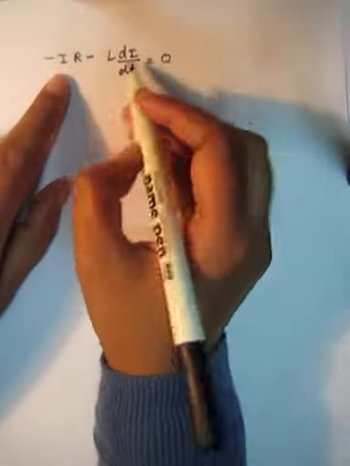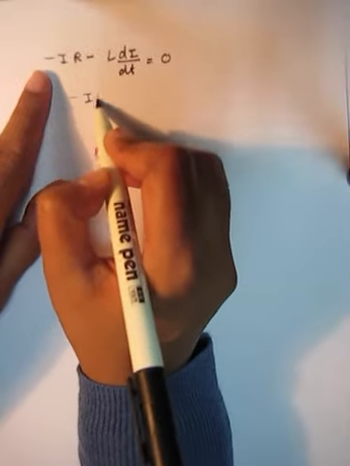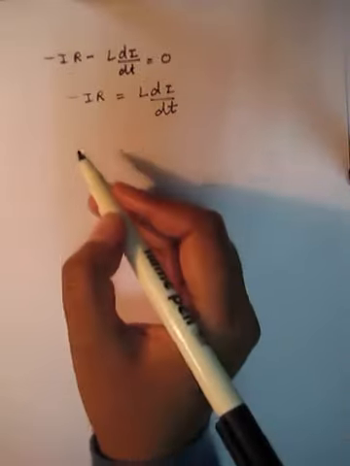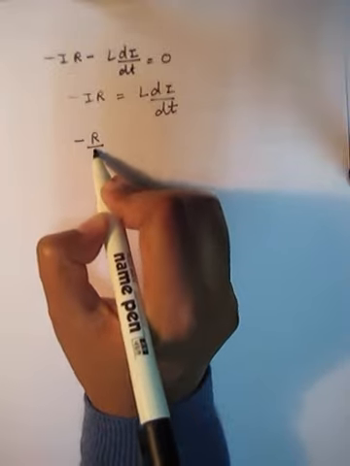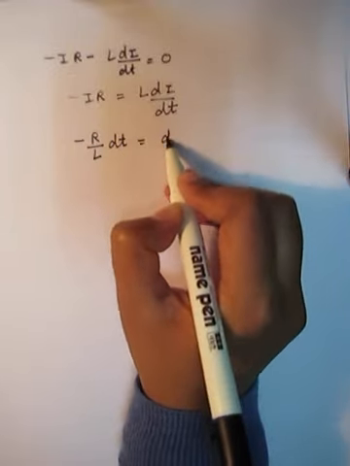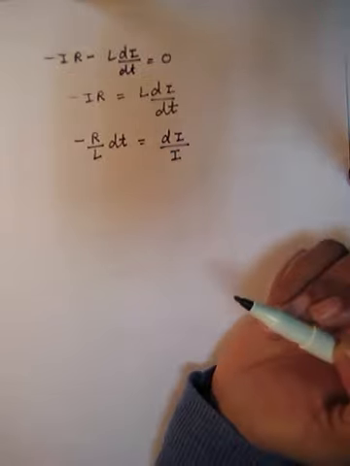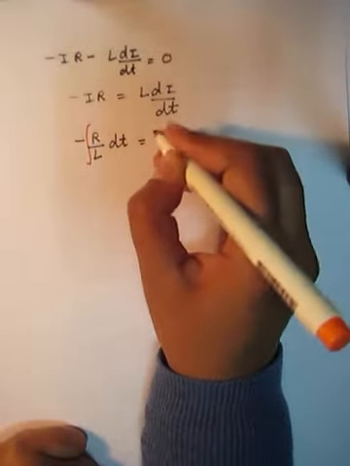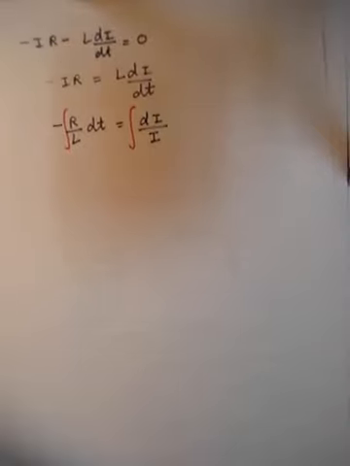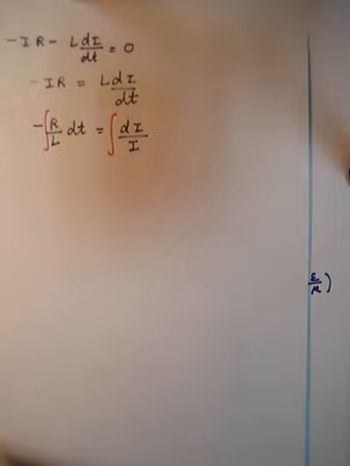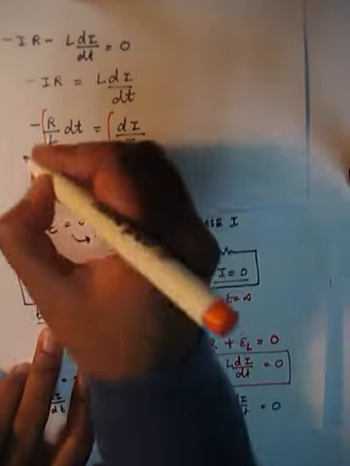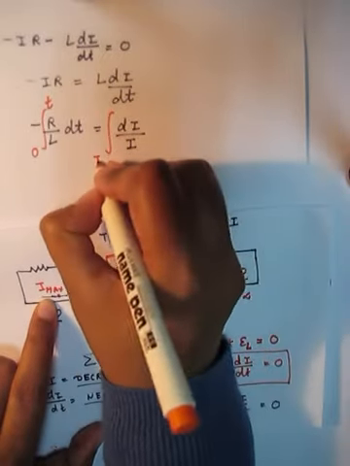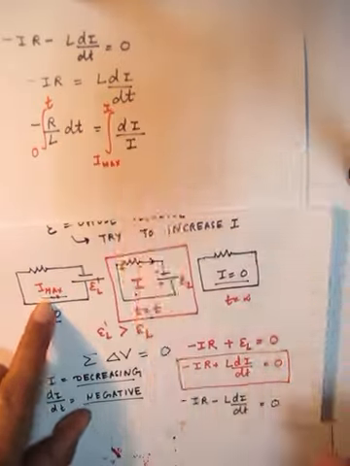Then we can also write it as minus IR is equal to L di upon dt, or minus R upon L dt will be equal to di upon I. Now we're going to integrate it, and we know the limits of integration: if the time is varying from 0 to t, the current is varying from I maximum to some value I, which is varying with time.